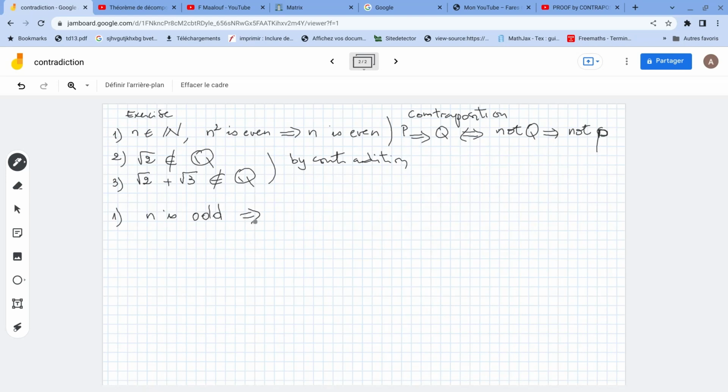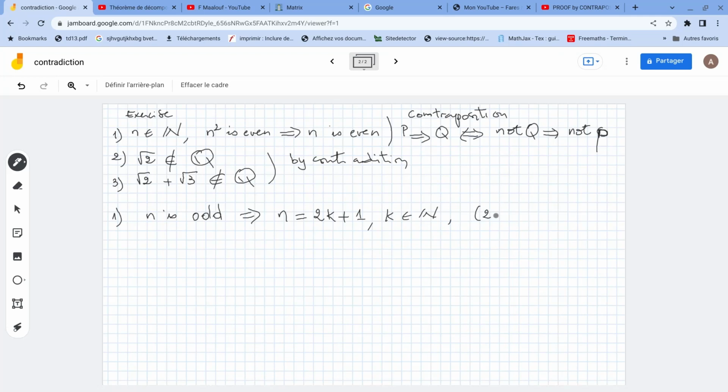So this implies I can write n as 2k plus 1, k an integer number. This is how we write an odd number: 2k plus 1 with k an integer.